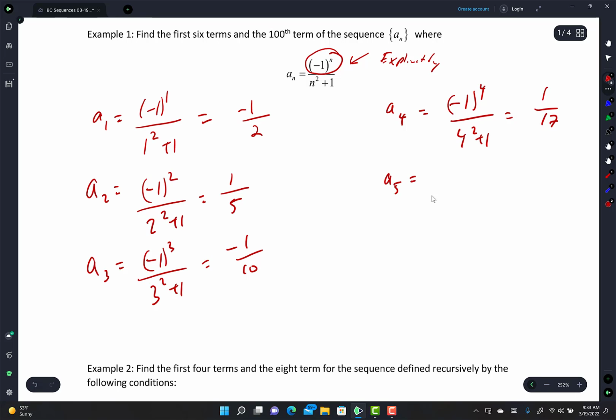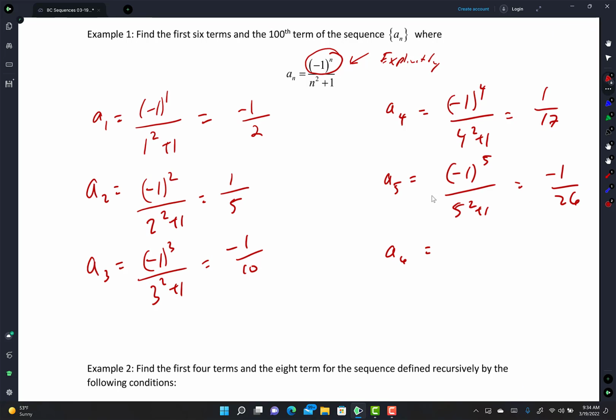A subscript 5, sorry, is negative 1 to the fifth over 5 squared plus 1. So negative 1 over 26. And then finally, a of 6 is negative 1 to the 6th power over 6 squared plus 1. So that is 1 over 37. And they also want the 100th term.